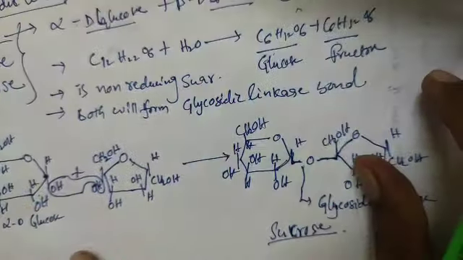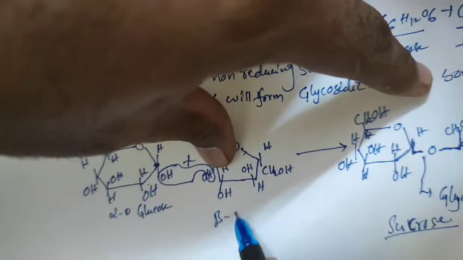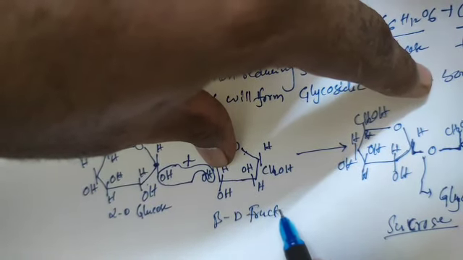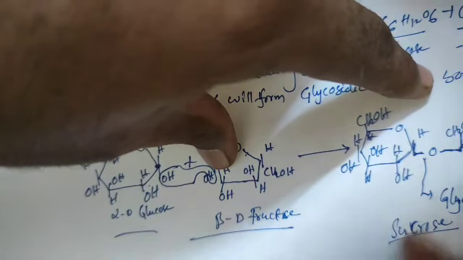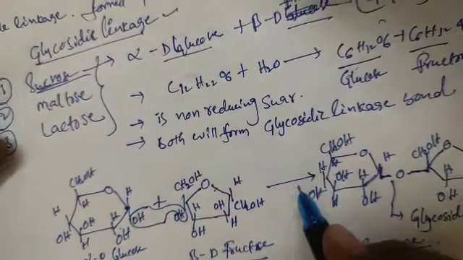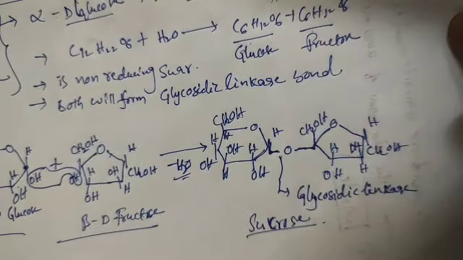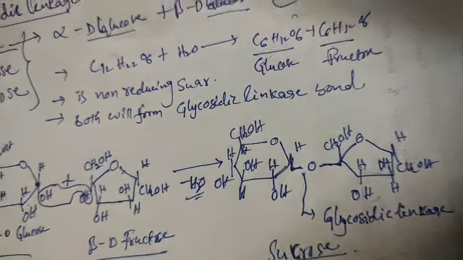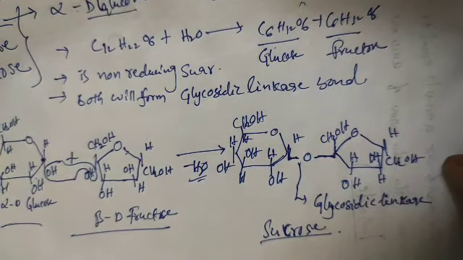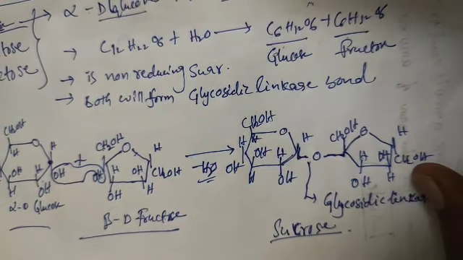How does it form? Alpha D glucose and beta D fructose both join with loss of a water molecule, we get the glycosidic linkage, and we get sucrose.